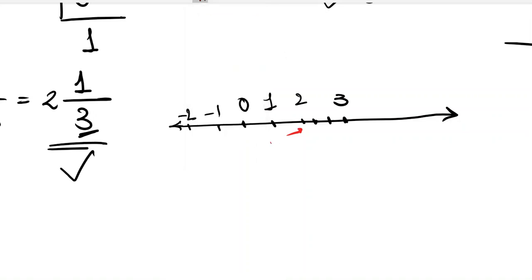Number 2 is 2 0 by 3, because 0 by 3 is nothing but 0, right? So if you convert this into improper fraction, it will give you 2 only, right? So 2 0 by 3.